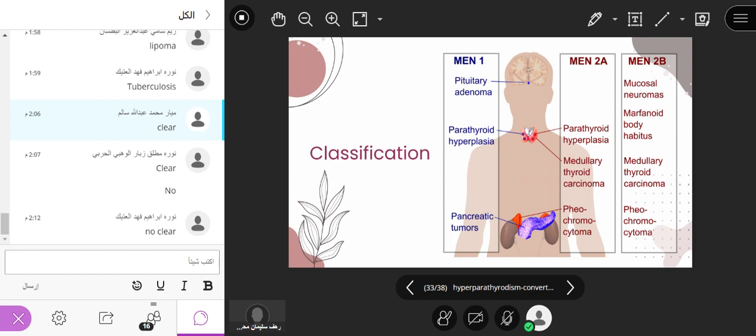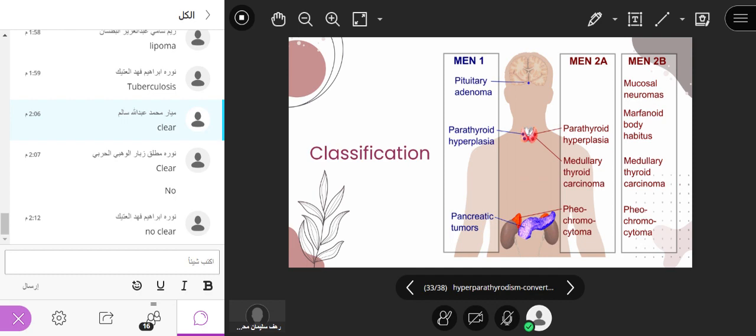MEN 1 has pituitary adenoma, parathyroid hyperplasia, and pancreatic tumor. MEN 2A, the patient will have parathyroid hyperplasia, medullary thyroid carcinoma, and pheochromocytoma.